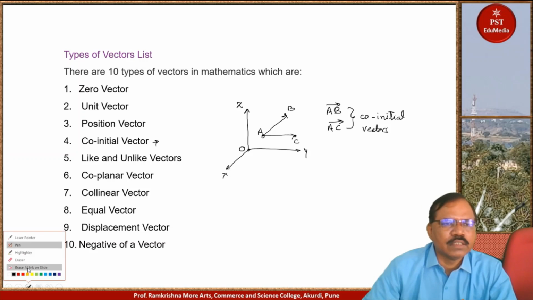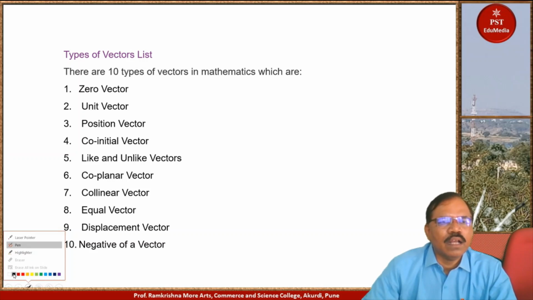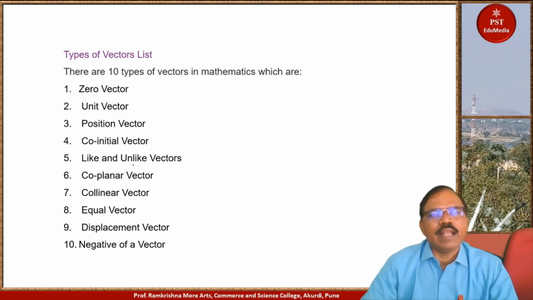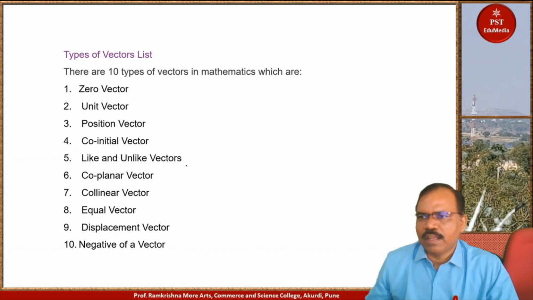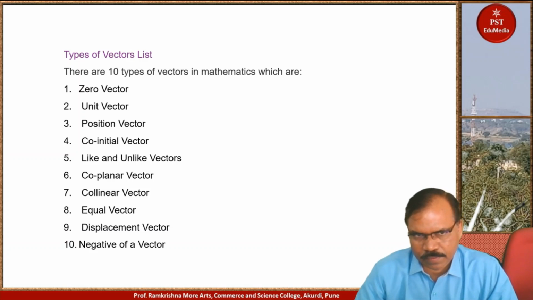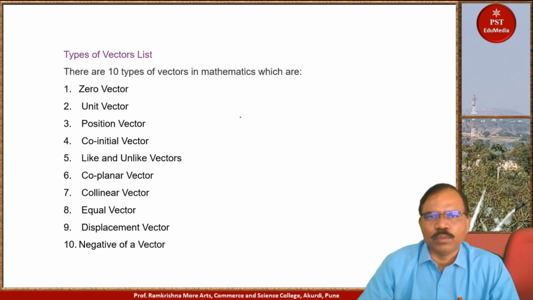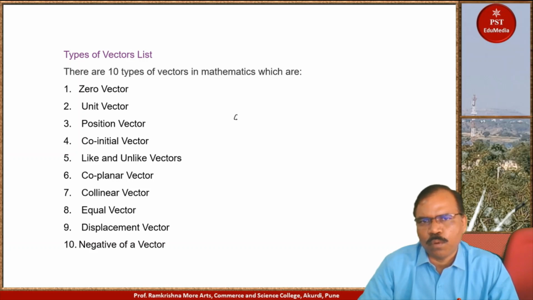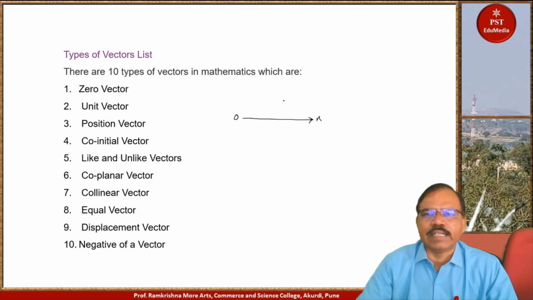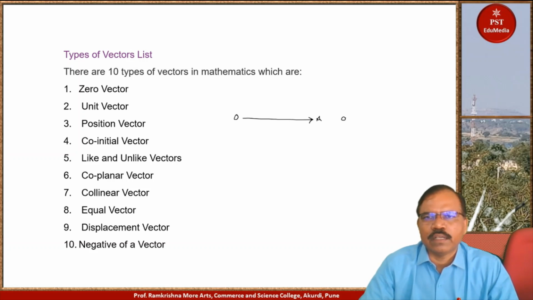Now the next one: like and unlike vectors. Suppose we have two vectors, vector A and vector B. Suppose we take O and A, so the first vector is vector OA.